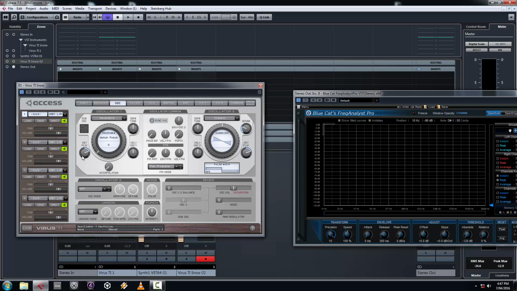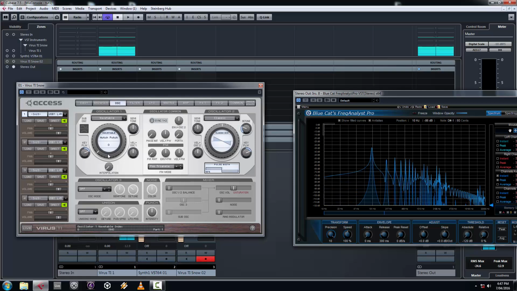I'll give you an example here. Okay, so that's a wavetable. We have a lot of different modulation options with that.